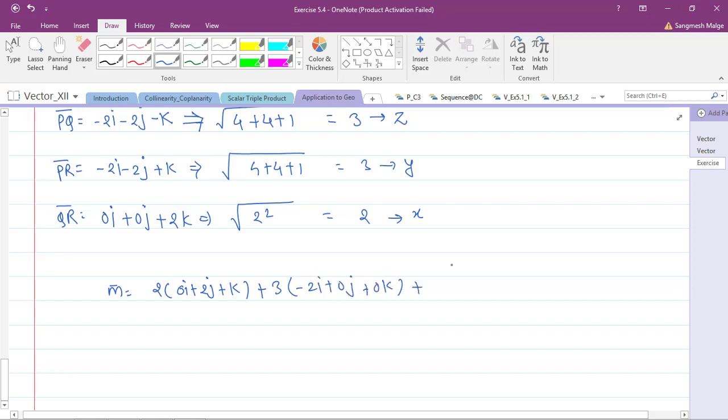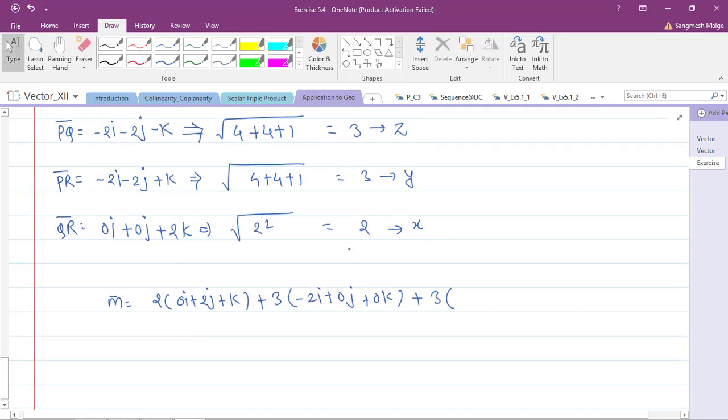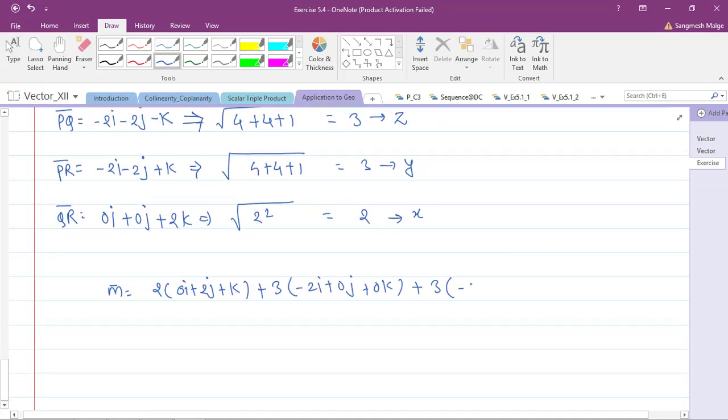and plus z, which is again 3, and with z comes r. So r bar is minus 2i plus 0j plus 2k, whole divided by x plus y plus z, which is nothing but 3 and 3 is 6, and 2 is 8, so divided by 8.